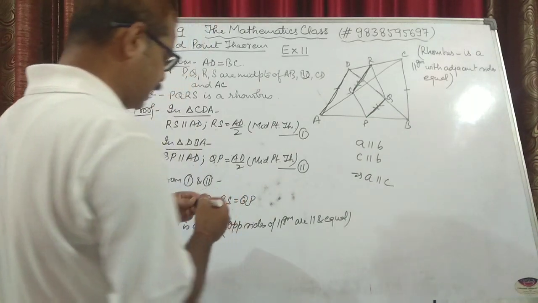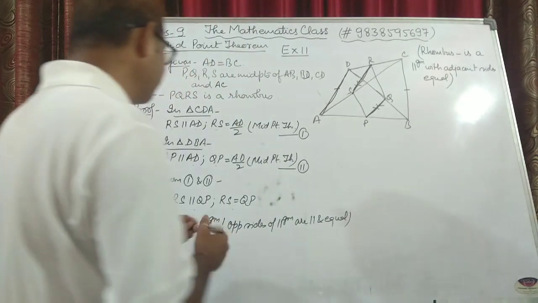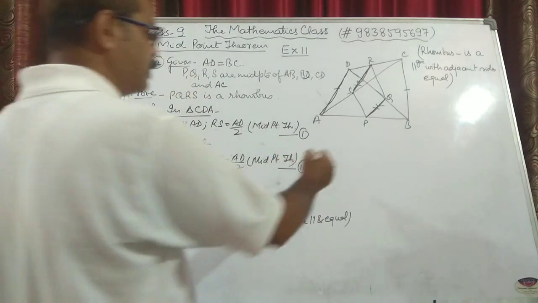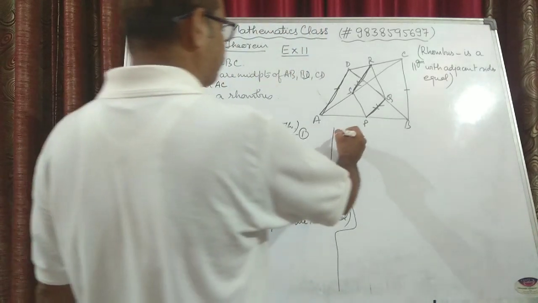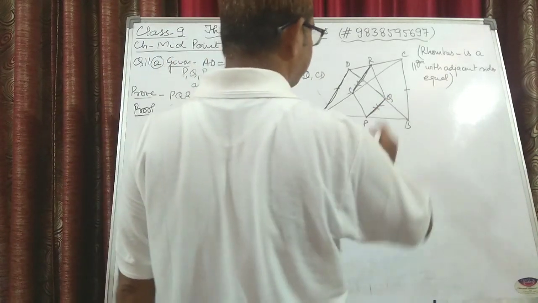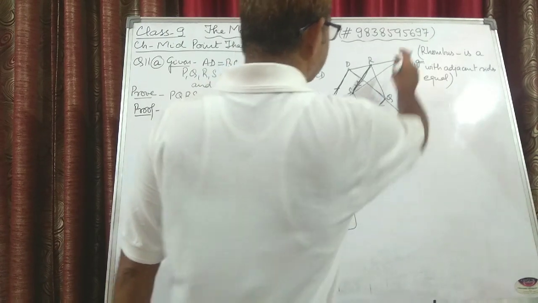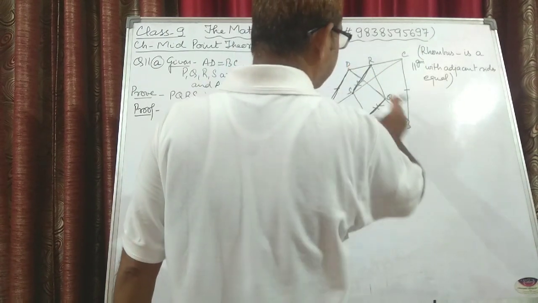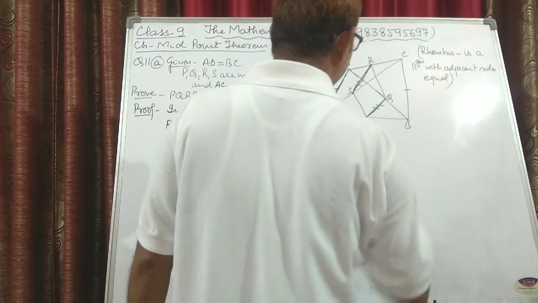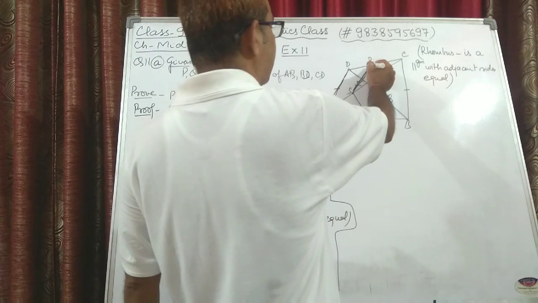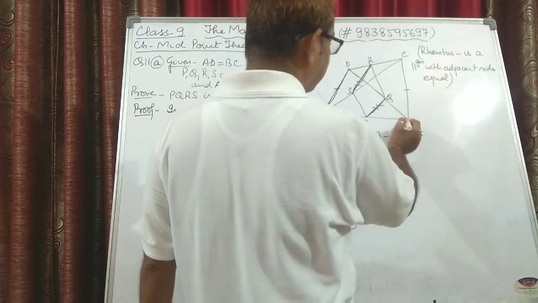Now we have to prove that PQRS is a rhombus. So how can we prove that? Okay, in that we will take one more triangle. Now we take triangle CDB. In triangle CDB, R is the midpoint of DC and Q is the midpoint of DB.